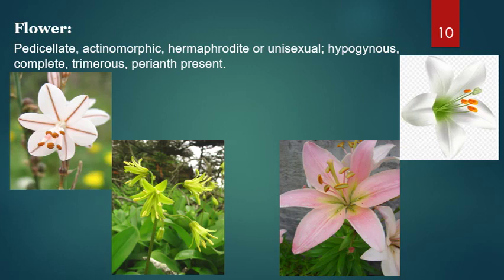Generally, perianth consists of a single whorl. And in Liliaceae family, the perianth is polyphyllous. It means the leaves of the perianth are free. In addition to this, perianth is also referred as tepals.